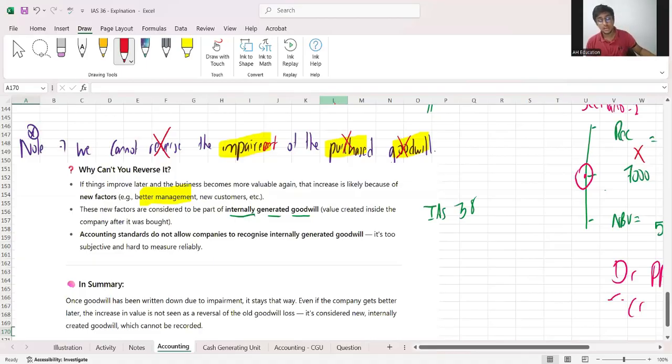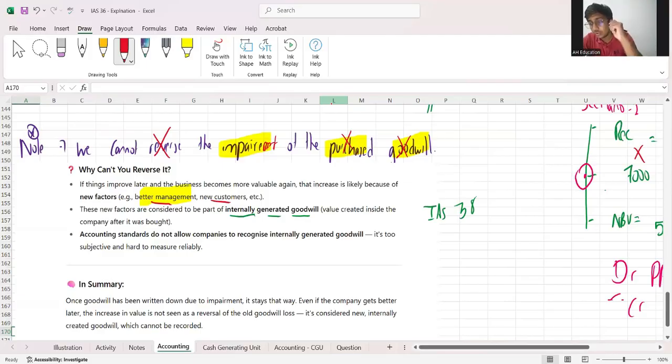Now you need to understand, why do we reverse an impairment? Because the market value of that asset is increasing, right? Now look at it from the perspective of goodwill. How do you think the market value of your goodwill would increase? It is when you have better internal management or better staff. It is when you have better internal quality of service.